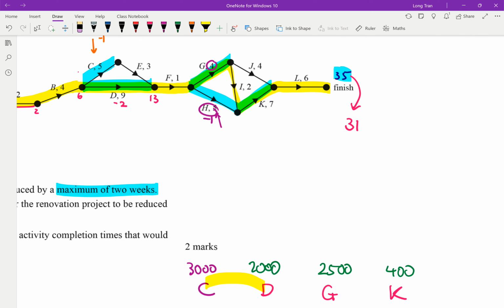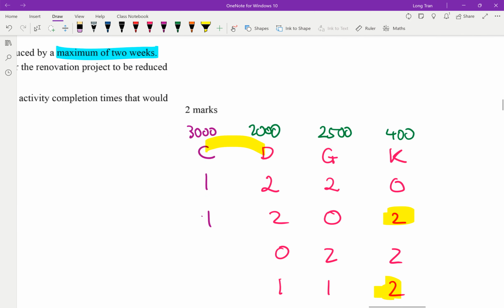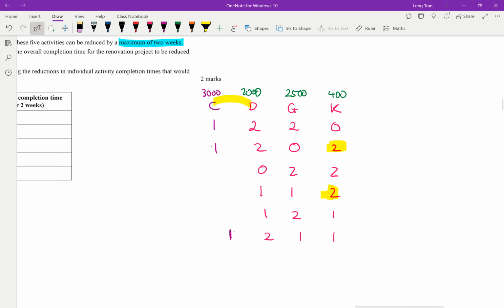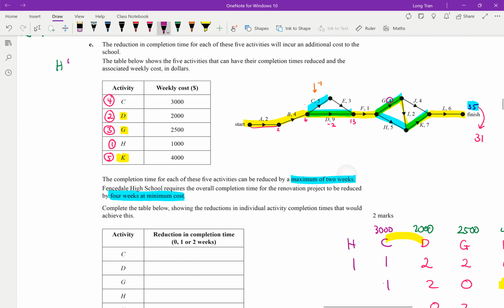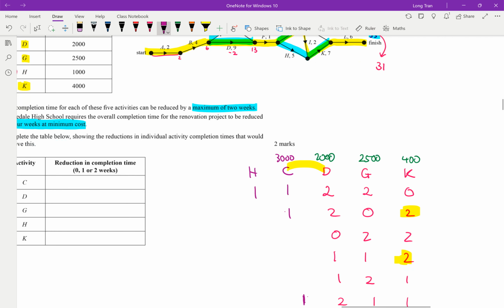So it seems like, again, there's a caveat that anytime you reduce G by 2, that means that H has to be reduced. Maybe I'll keep it as purple. H has to be reduced by 1. Okay, so there's additional cost here, and H costs you 1,000, which is more ideal. True?